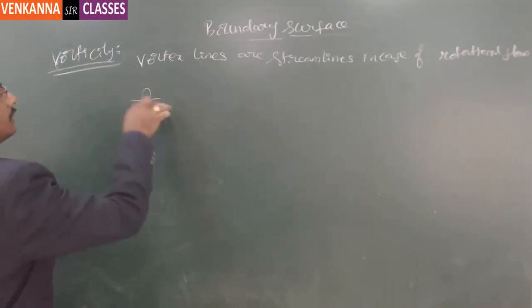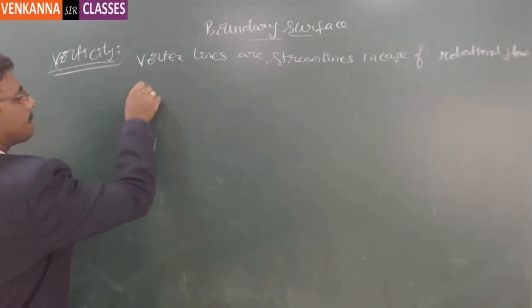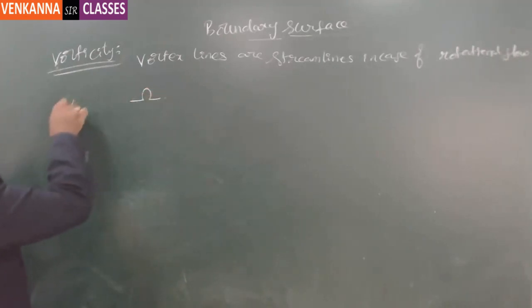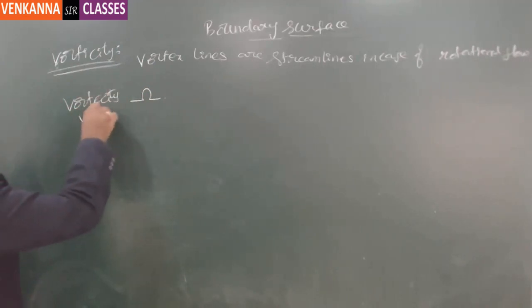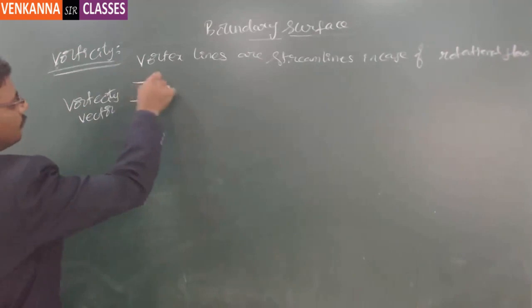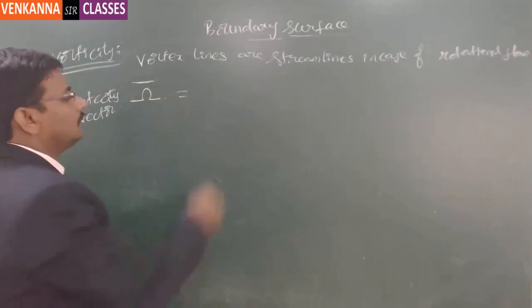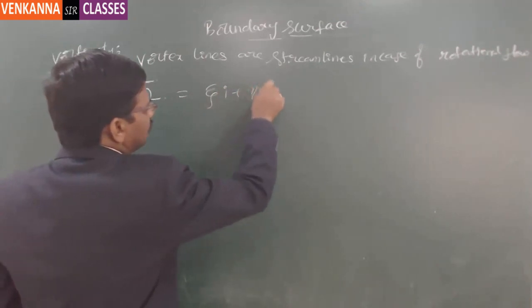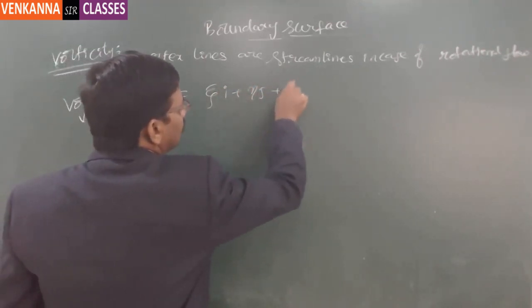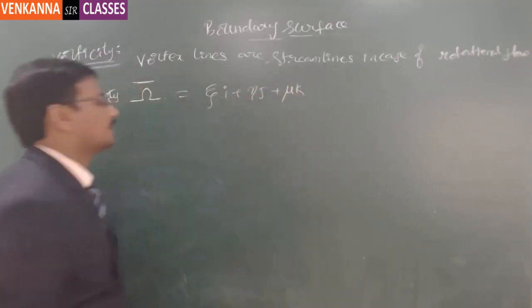This is the letter that is used: vorticity vector. Usually this value will be xi into i plus eta into j plus mu into k. So this is the vorticity vector.